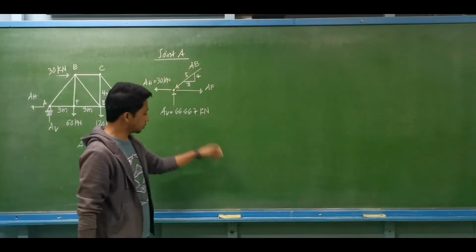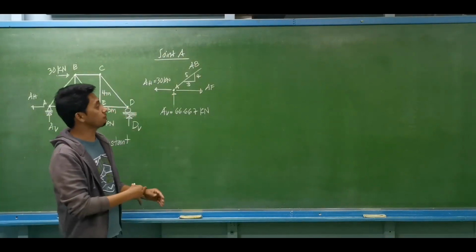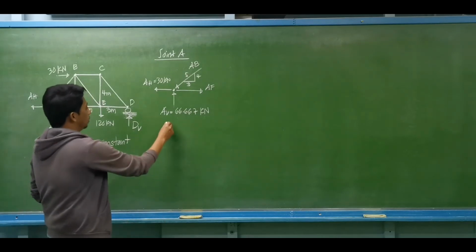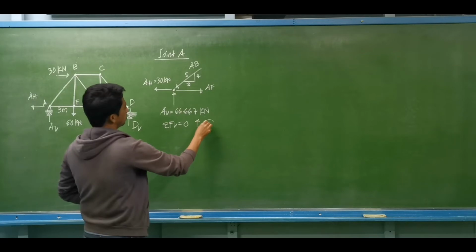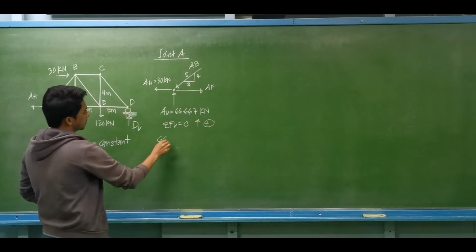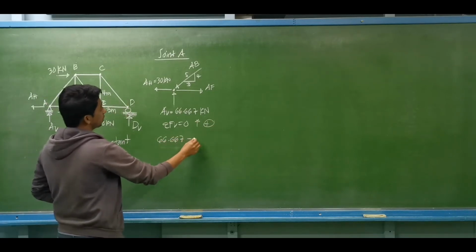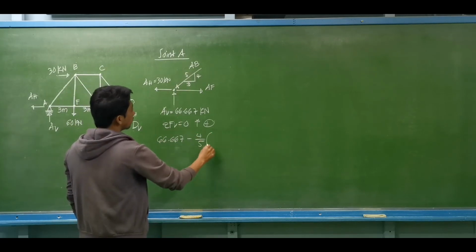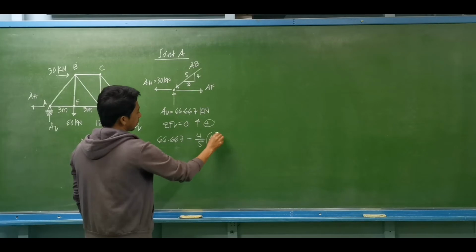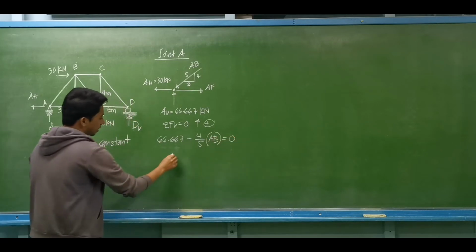So we proceed at joint A. Let us compute for the axial force for all members. So we may do summation of forces vertical equal to 0, upward forces to be positive. So we have 66.667 less vertical component, that will be 4/5 of the axial force for member AB, equal to 0.